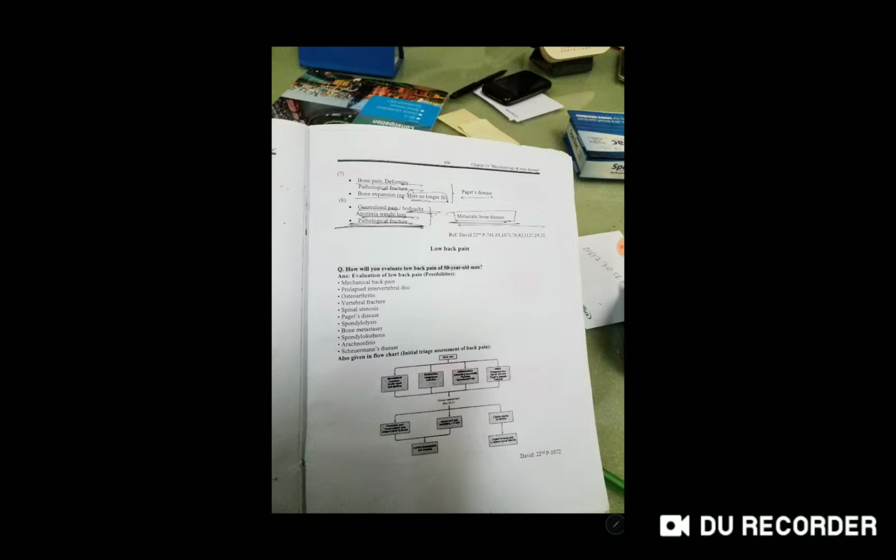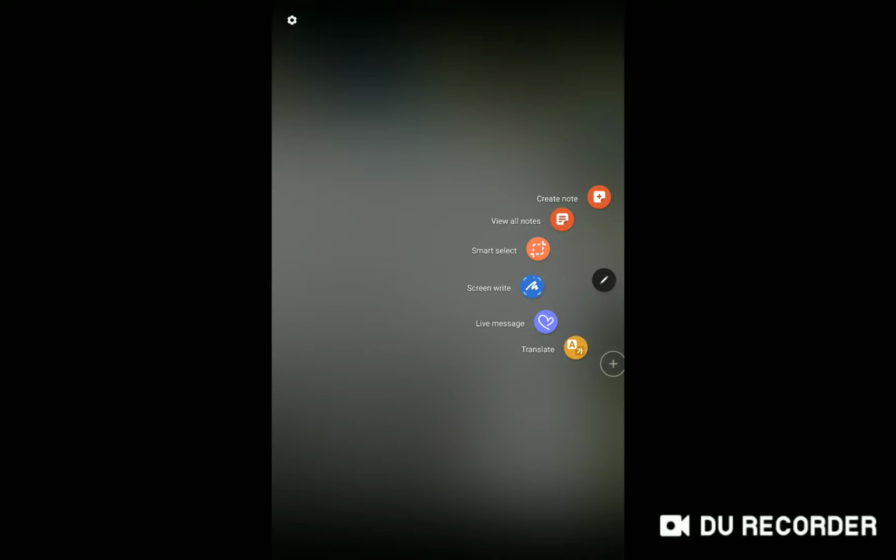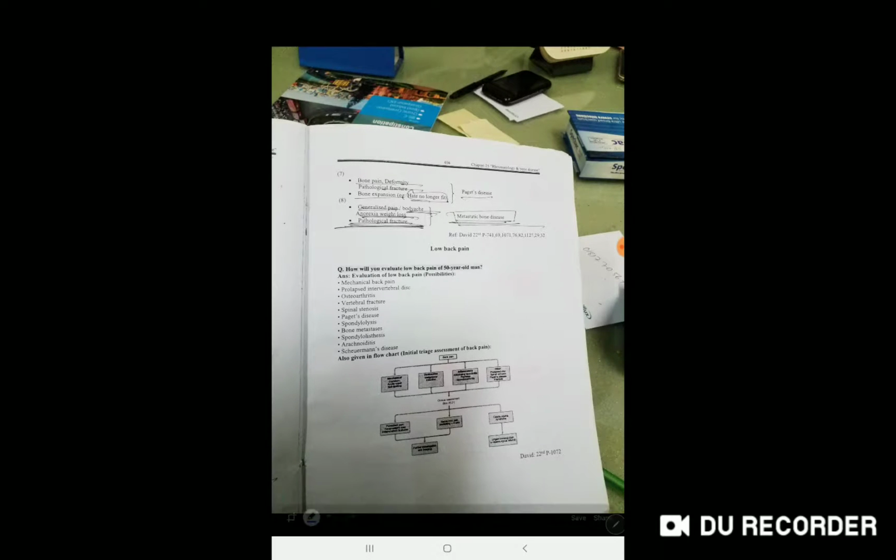And what do we find in case of Paget disease? In Paget disease, there is rapid bone turnover. On one side bone is forming, on another side bone is destructing, which can raise the blood calcium level.